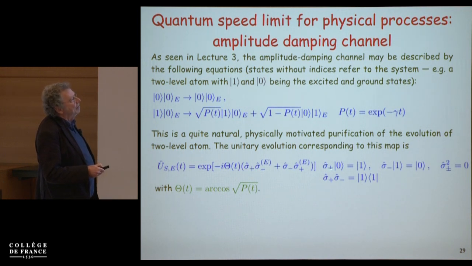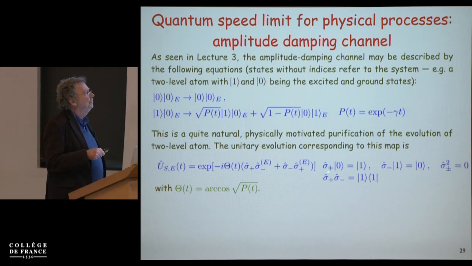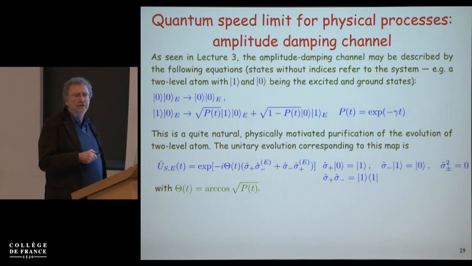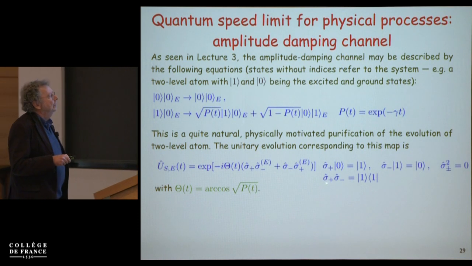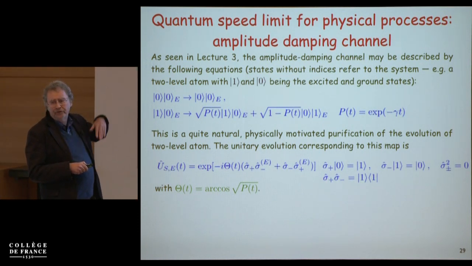If you apply sigma plus to the ground state of the atom, it takes you to the excited state. If you apply sigma minus to the excited state of the two-level atom, it takes you to the ground state. These two operators satisfy this relation, which means that if you apply twice this operator, it gives you 0. Also, sigma plus sigma minus is just a projector onto the excited state.